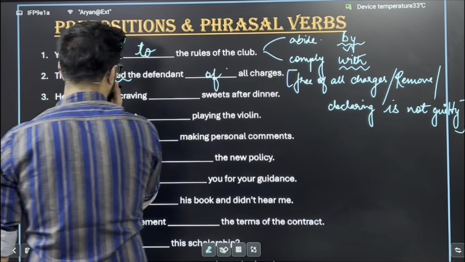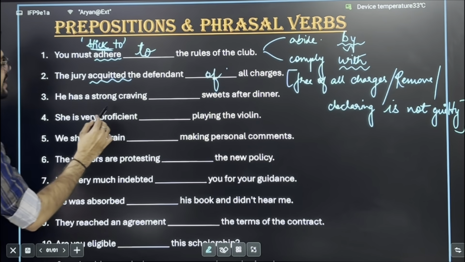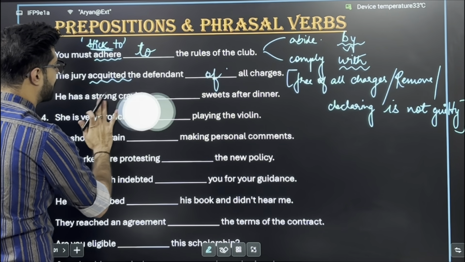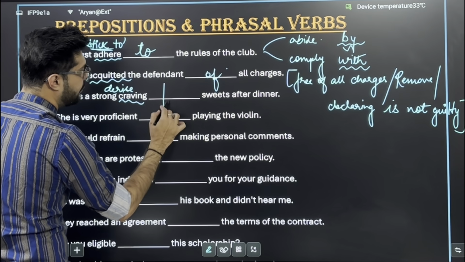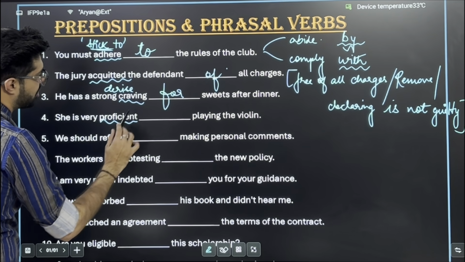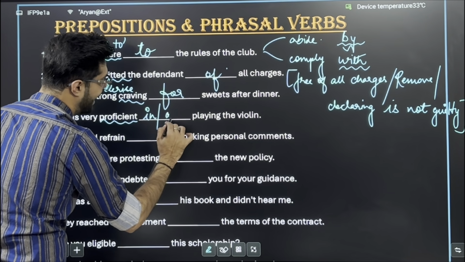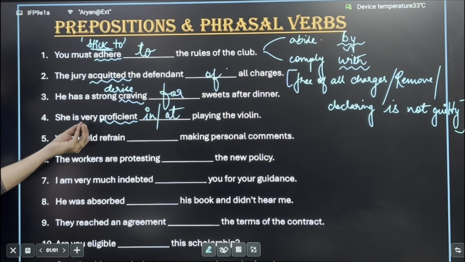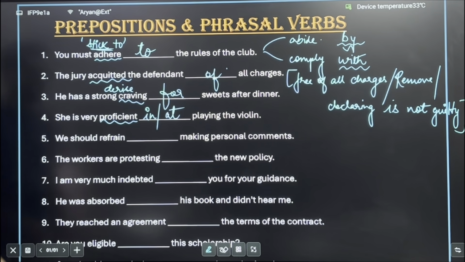That is acquitting of all charges. He has a strong craving for sweets after dinner, meaning desire. She is very proficient, she is very skilled. Either in or at can be used, both are acceptable. She is proficient in playing violin or at playing violin, both are acceptable.